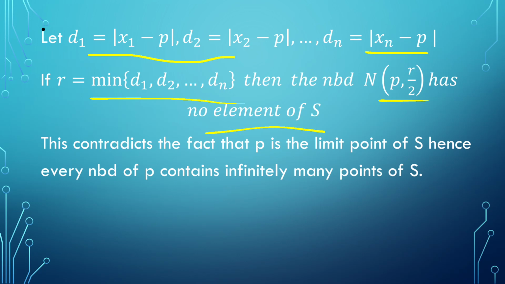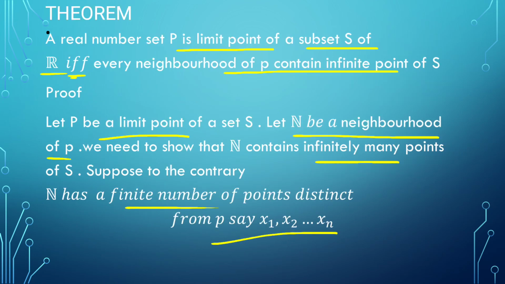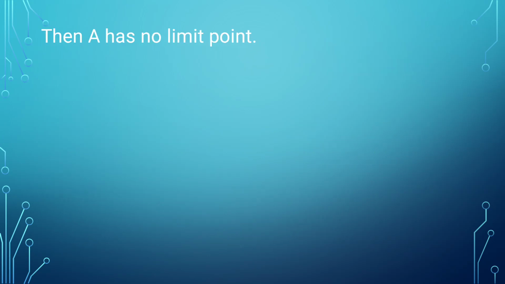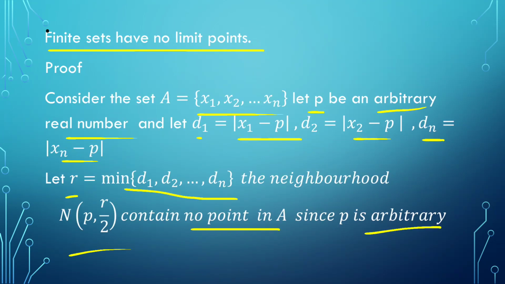And this now becomes a contradiction to the fact that P is a limit point of S, because already I said that P is a limit point of S, and then every neighborhood of P contains infinitely many points of S. We have borrowed this from the previous theorem, which we had proven: finite sets have no limit points.